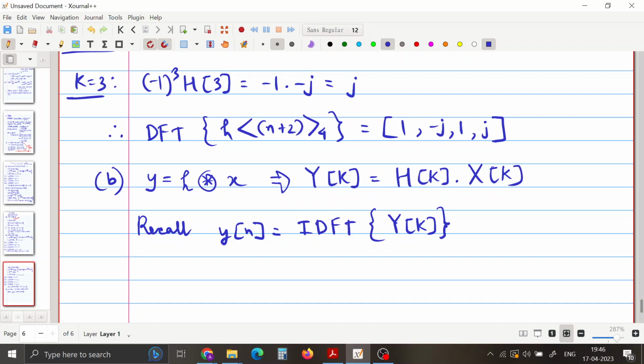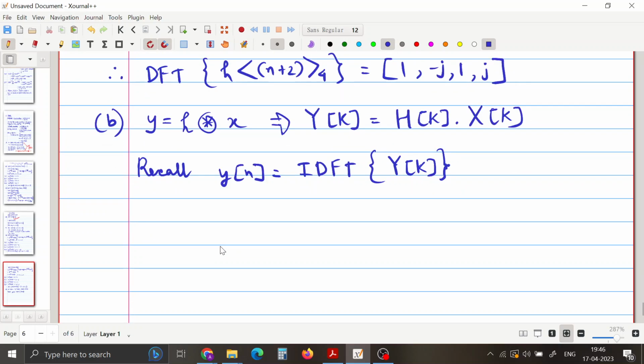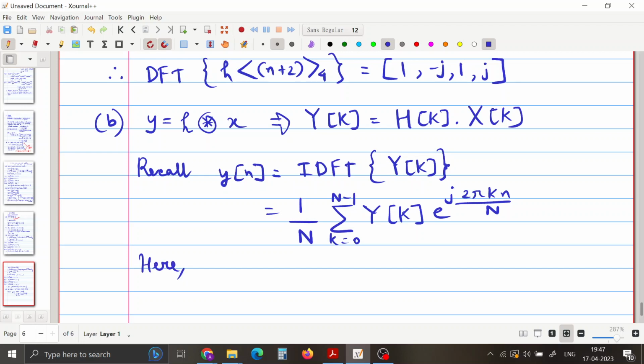And if you recall the formula of IDFT, it is 1 by cap N, k running from 0 to cap N minus 1, capital Y of k times e power j 2 pi k small n by cap N. This is the formula.